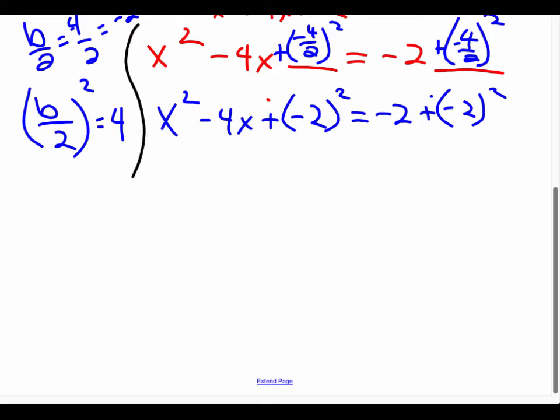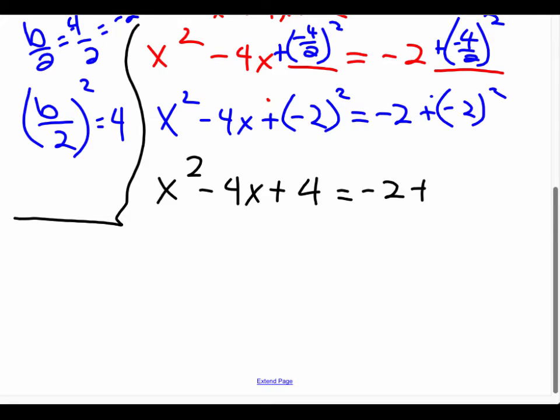Let's separate this so you guys don't get confused. So in the next line, I've got x squared minus 4x plus 4 equals negative 2 plus 4.